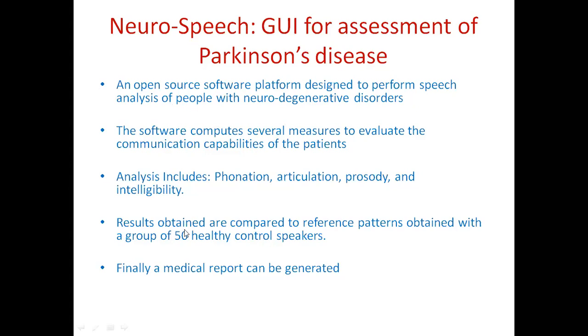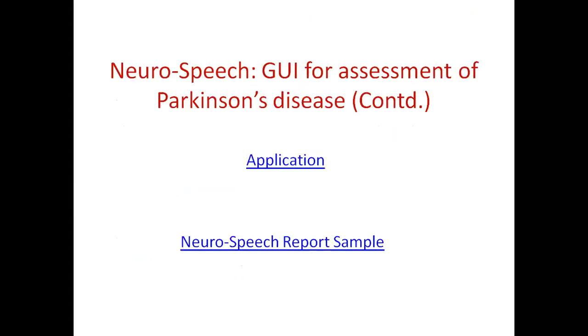Here, the results are being compared to reference patterns obtained with a group of 50 healthy control speakers. And finally, a medical report can also be generated. It is difficult to get a link from here. So first I'll complete the presentation here, and then I'll open the NeuroSpeech report sample and discuss with you.